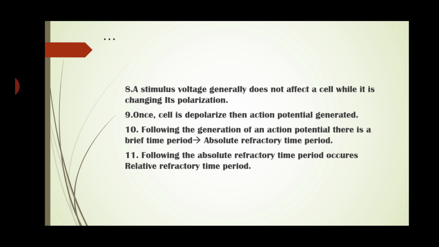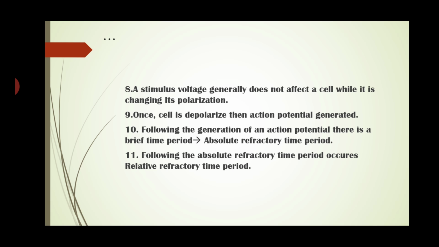Following the generation of the action potential, there is a brief time period, and that time period is called the absolute refractory period. During this period, if you give a stronger stimulation to the cell, that stimulation has no effect on the cell. Following this, the relative refractory period occurs.